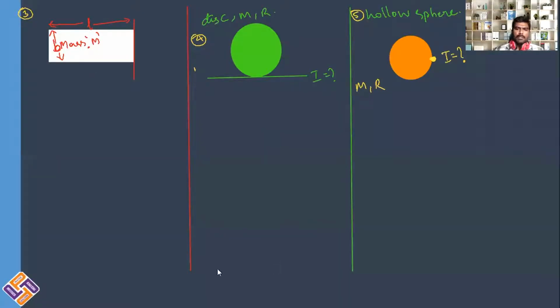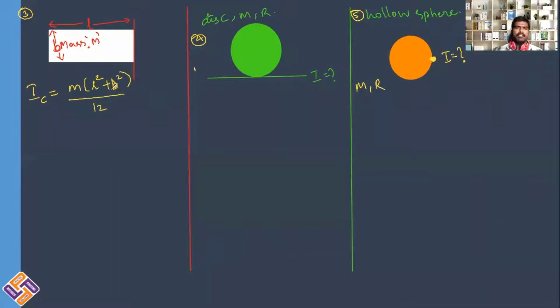In the first example, students, we know that this is a rectangular lamina. It is a rectangular shaped plate. Moment of inertia with respect to the axis about the center, IC, is equal to m into L square plus B square divided by 12.